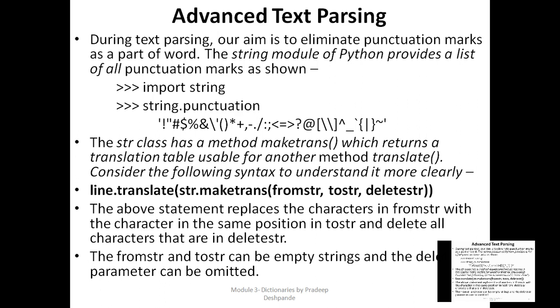So the str class, that is the string class, which we have already seen, has a method called maketrans. This maketrans function returns a translation table usable for another method, translate. Okay, the maketrans function returns a translation table which can be used for another method called translate.